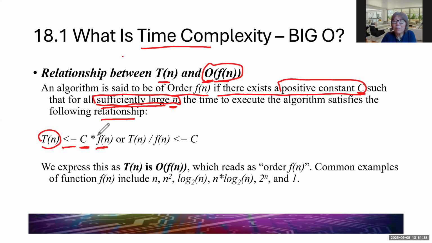Or we can move the Fn to the left side of this relationship, then Tn over Fn is less or equal to C. So if you can find such a positive constant times that function Fn and make this relationship true, especially when n is large enough, then we say Tn is order Fn.